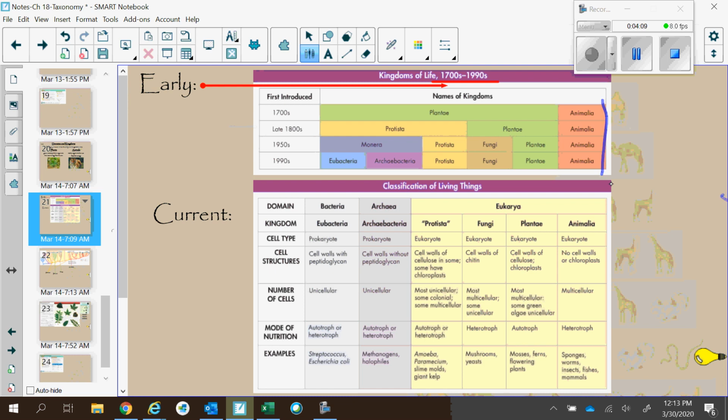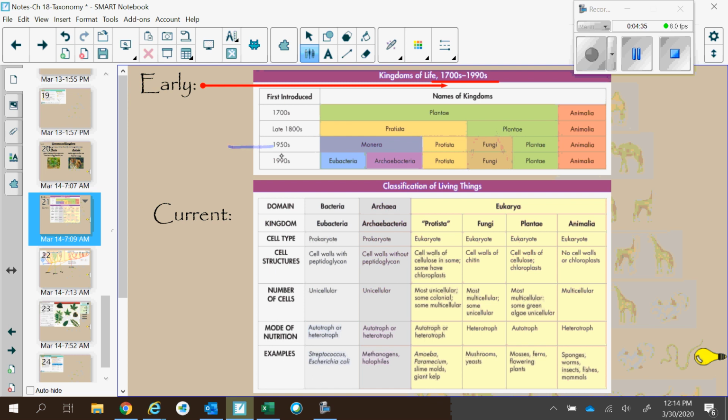By the 50s, the kingdom Monera came out, which included, at the time, we didn't know this, but eubacteria and archaebacteria. Protists, which we're going to talk about in a minute, got their own kingdom. And then fungi, this was the first time we start to see fungi separated from plants because right in the 1950s, we started to study photosynthesis, or began to understand it to a better degree.